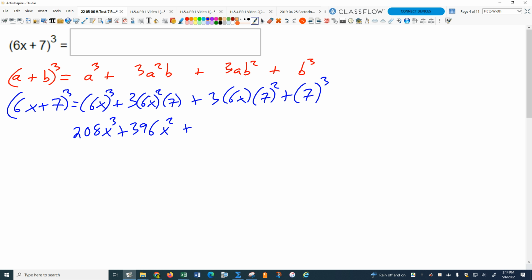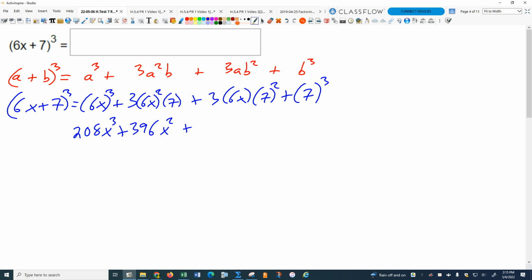Plus, 7 squared is 49 times 6, which is going to be 300 minus 6, so that's 294 times 3. We could just subtract 18.